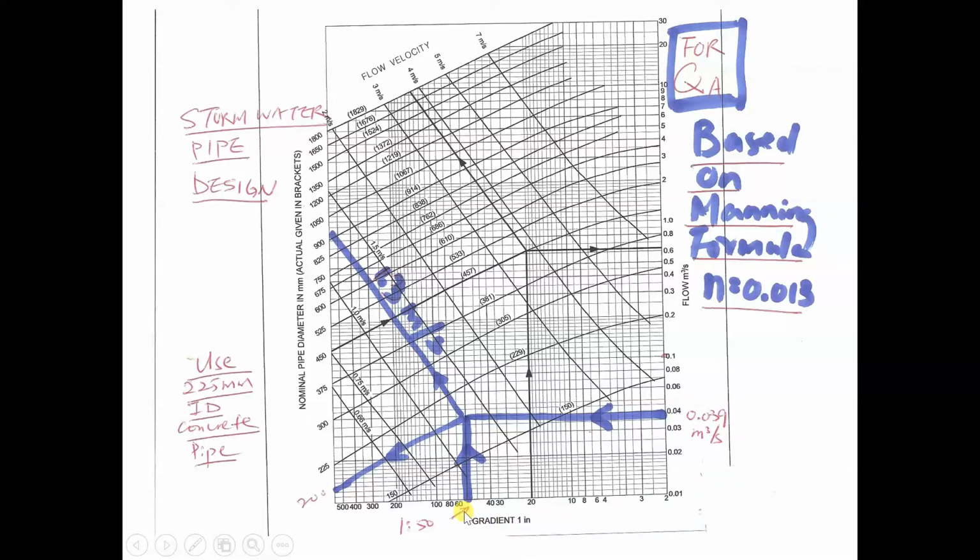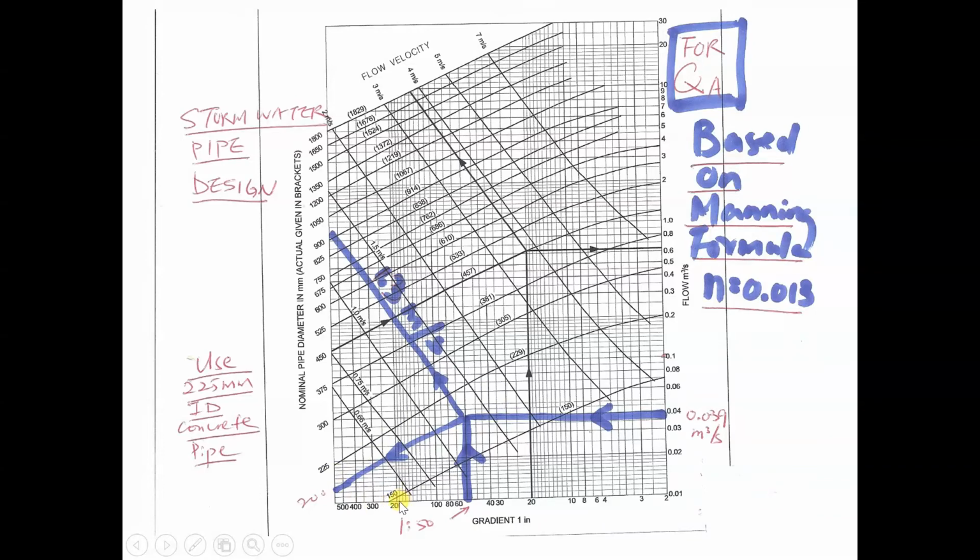The bottom one is the gradient, 1 in how many? So put 1 in 50, draw a vertical line upwards, and meet this point, and the line has to follow the curve.